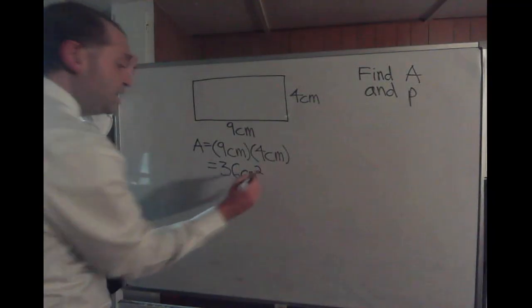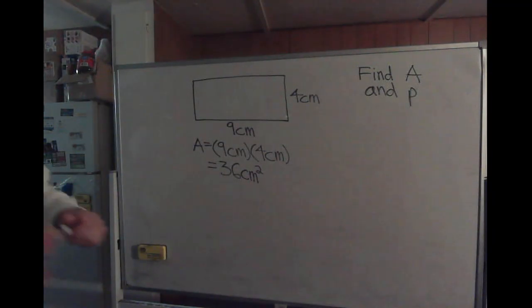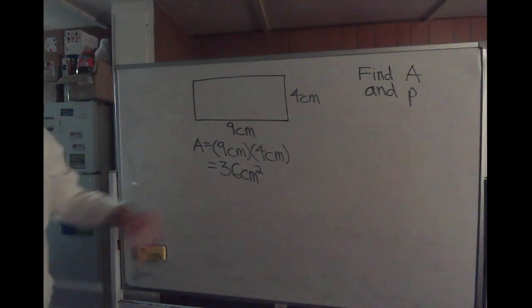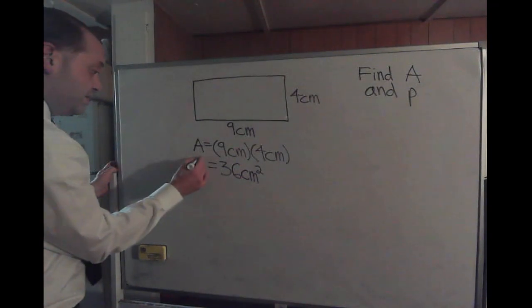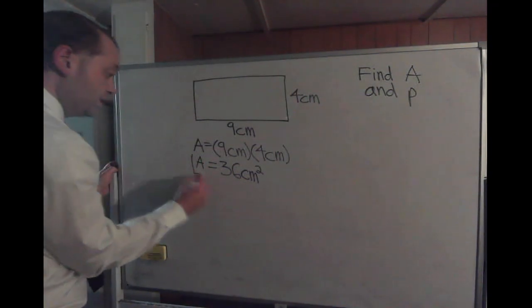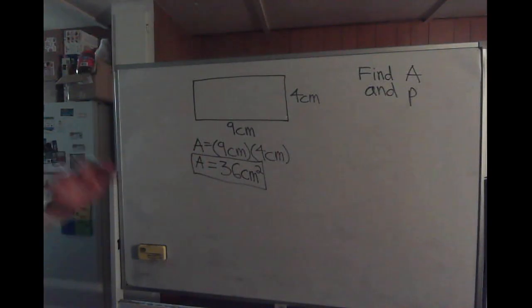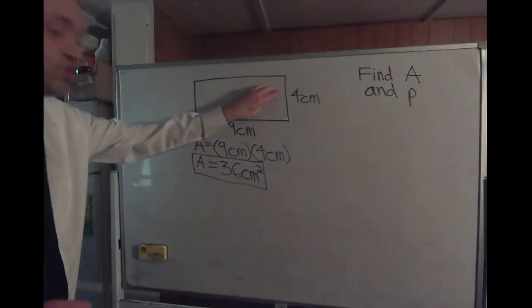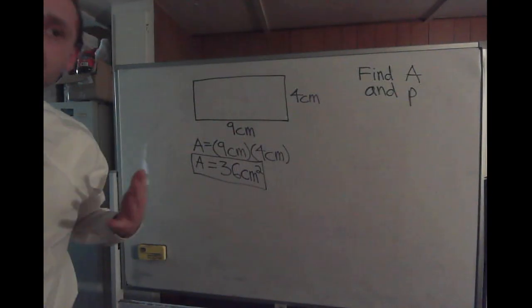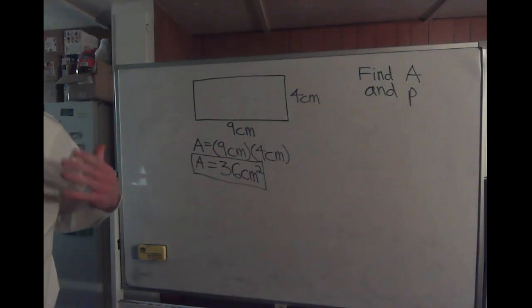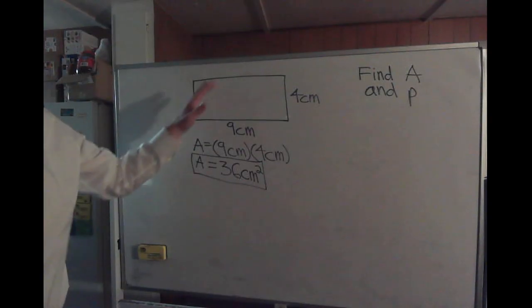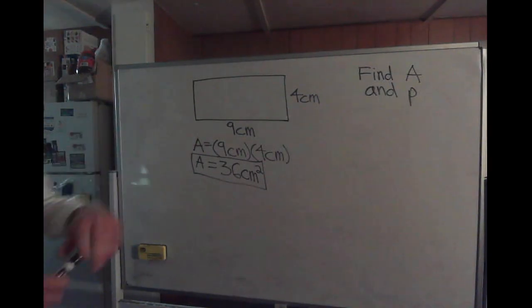So whenever you talk about area, your unit should be squared. So the area of this particular rectangle is 36 square centimeters, or 36 centimeters squared. The area is the total coverage of the shape, like if you were wanting to carpet a room or paint a wall, you would need to cover it over area.